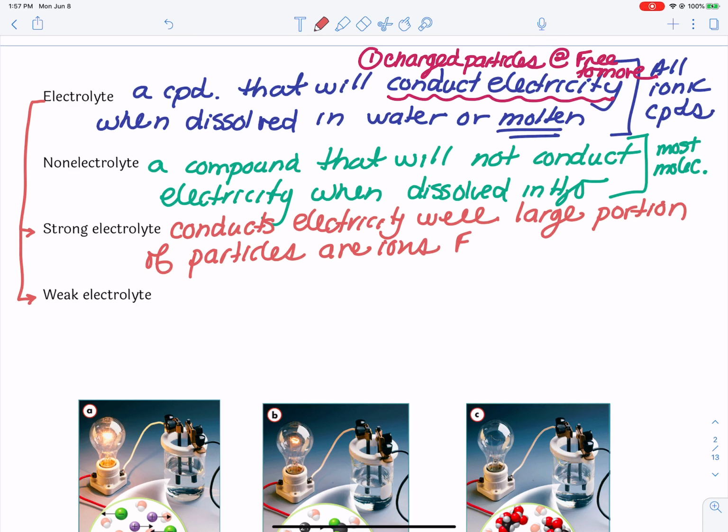Another way to say this would be that it fully dissociates. NaCl is a great example of this. When I take NaCl solid and put it into water, it becomes Na plus aqueous and Cl minus aqueous. And 100% of those ions do that. Every single ion of NaCl will dissociate and then be able to conduct electricity.